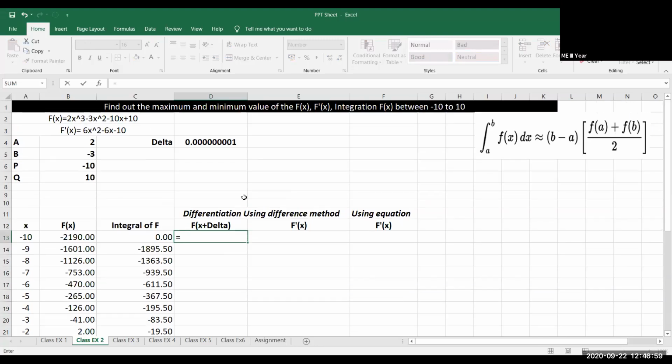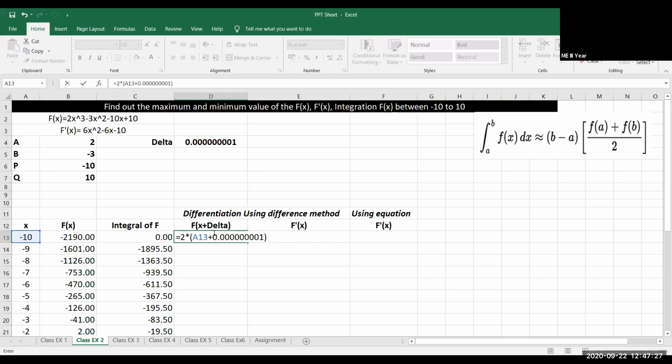It is 2x to the power 3, with x replaced by x plus delta. So x is this one, and you have to add the delta value also, keep in mind. The delta value is 0.0.